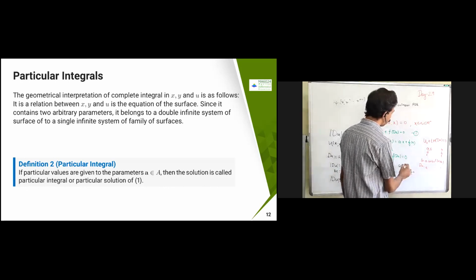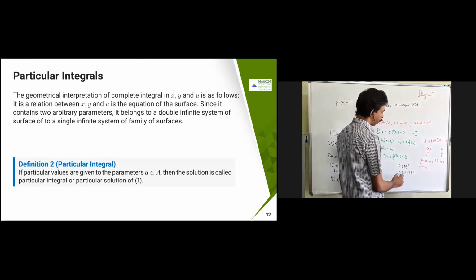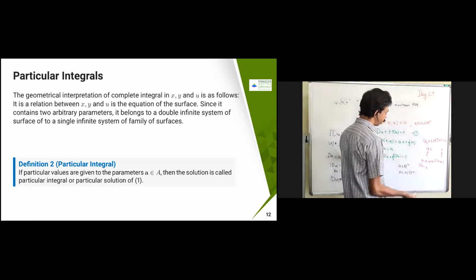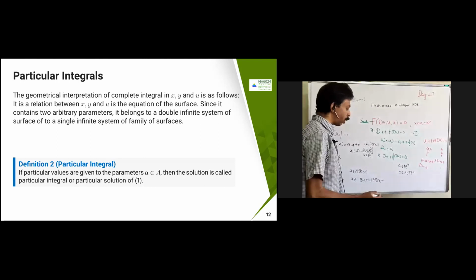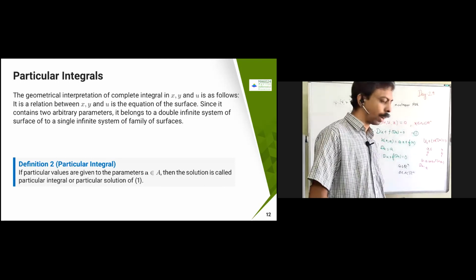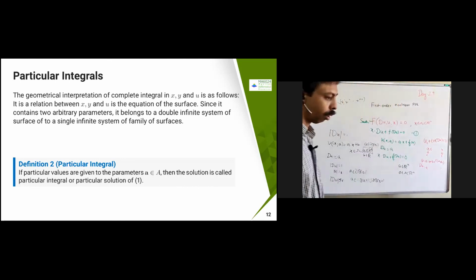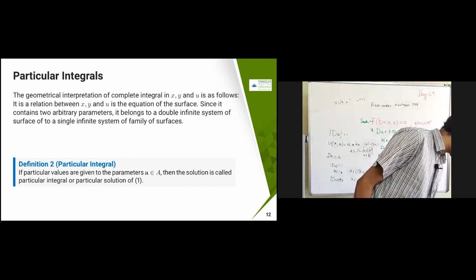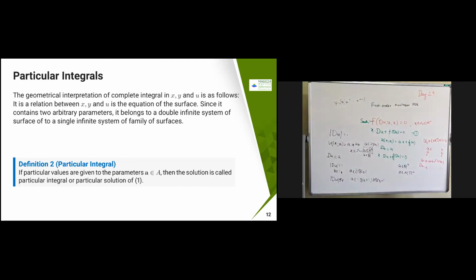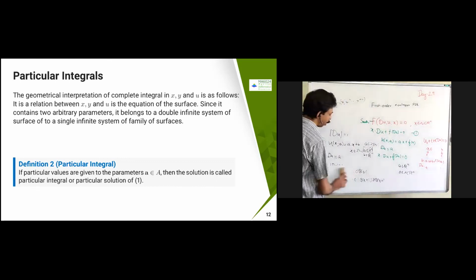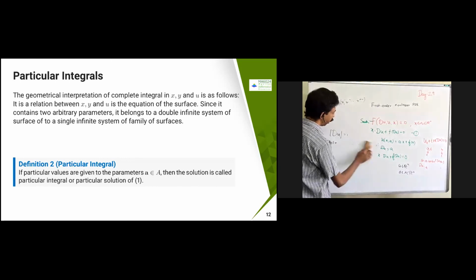Now suppose I choose a particular a, instead of an arbitrary constant, particular values a1, a2, ..., an. Then that is called a particular integral or particular solution of that PDE. Not much complicated: in the complete integral, if we stick to some values, it becomes a particular integral.